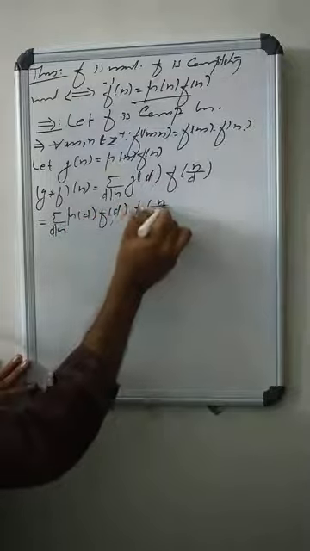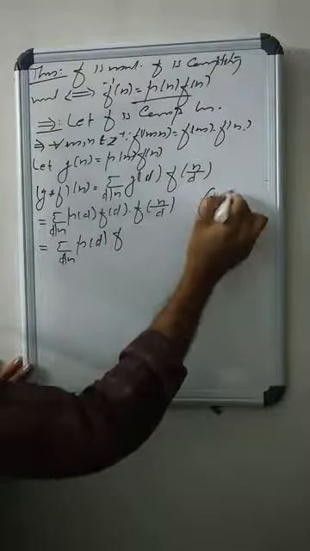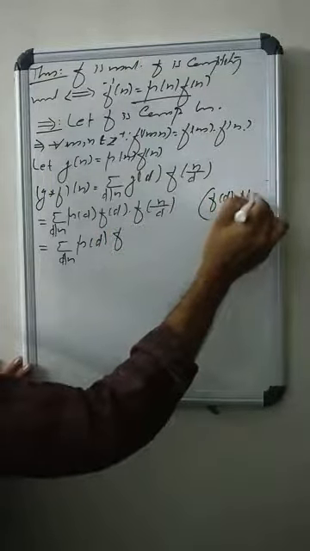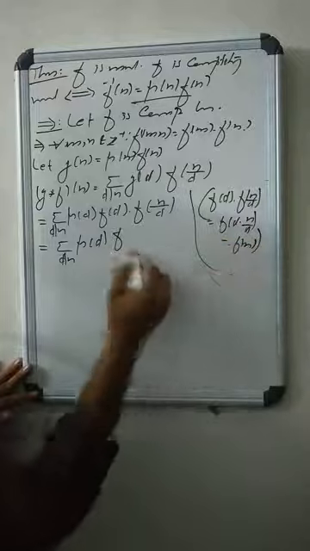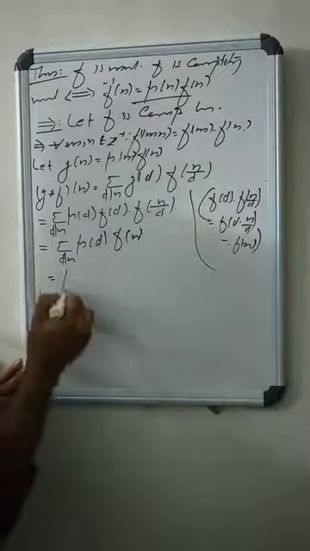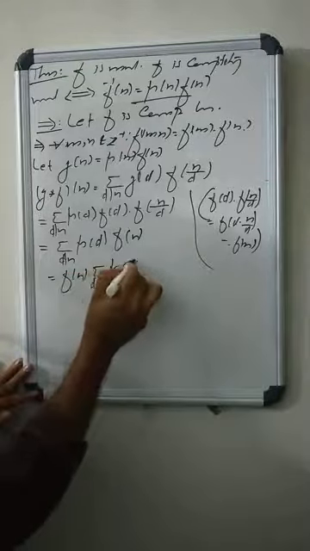So the sum over d dividing n of mu of d into f of d into f of n by d. Since f is completely multiplicative, f of d into f of n by d equals f of n. So it is f of n into the sum over d dividing n of mu of d.